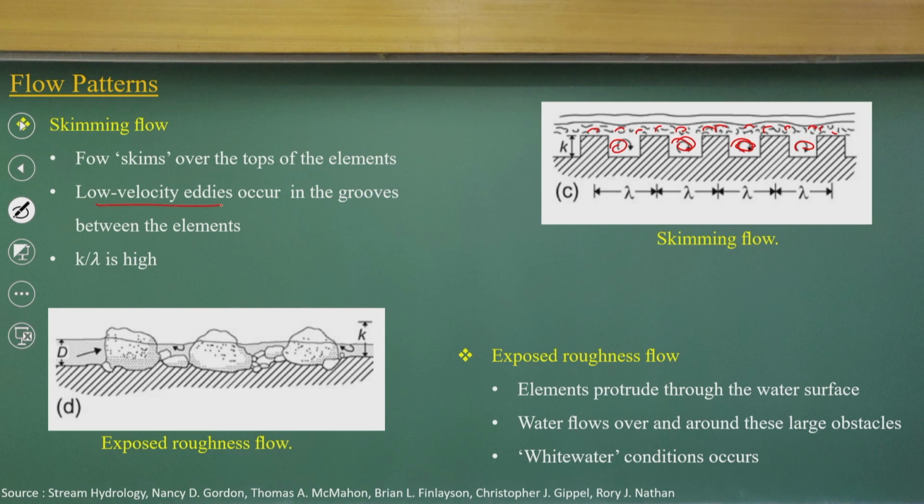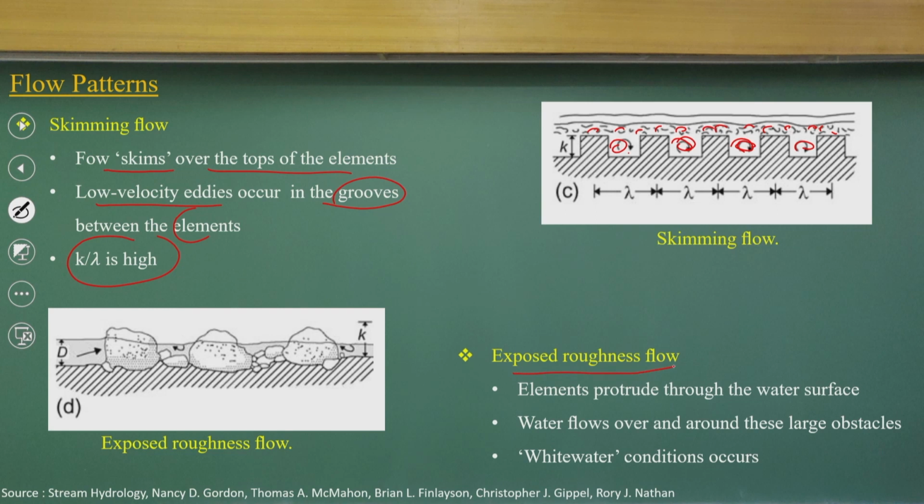There will be low velocity eddies occurring in the grooves between the elements, and k by lambda is high here, and the flow skims over the tops.